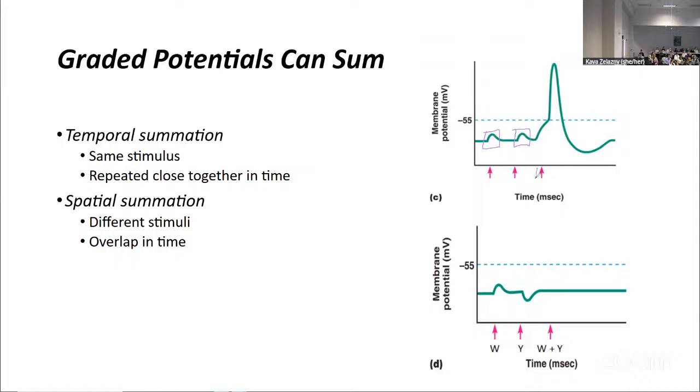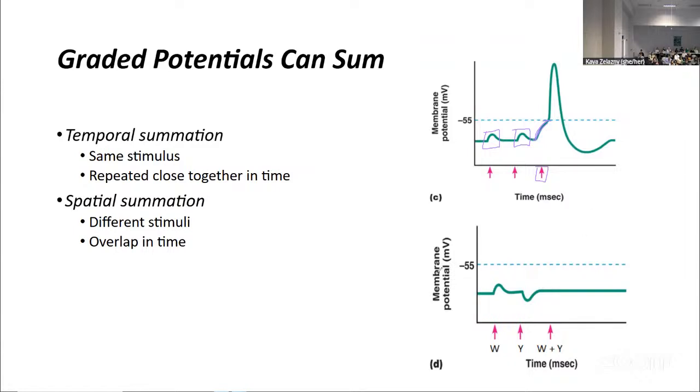We can see for this third arrow, we've got a larger change here. So it might be the case that we had these 2 stimuli from earlier happen in super quick succession, getting us to threshold when we add them together. So that might be more like temporal summation.